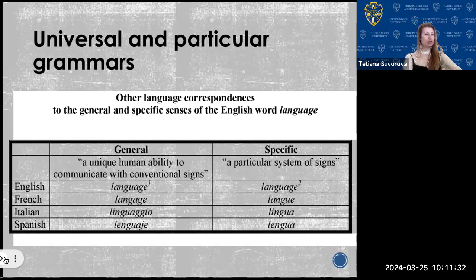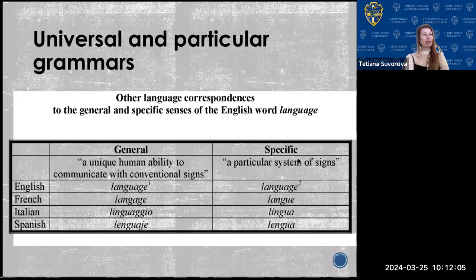For example, in English, the general term means a unique human ability to communicate with conventional signs. That is concerning language. And we have the term in French, langage, in Italian, linguaggio, I suppose. I'm not sure about the pronunciation. And in Spanish. I won't read it because I don't know the Spanish pronunciation, in fact. But you see the same word is used.